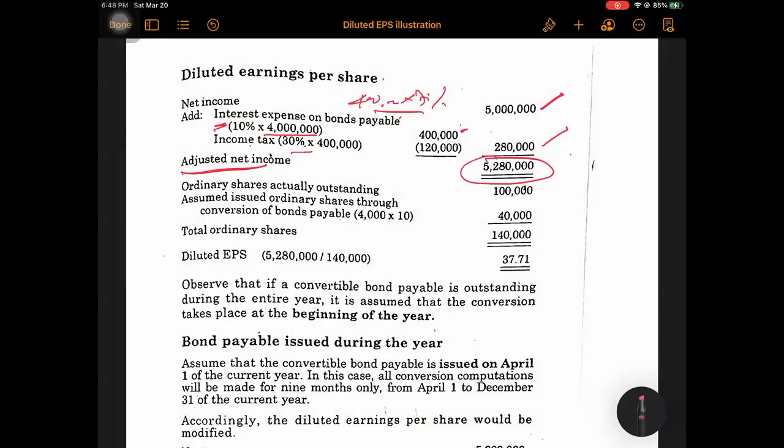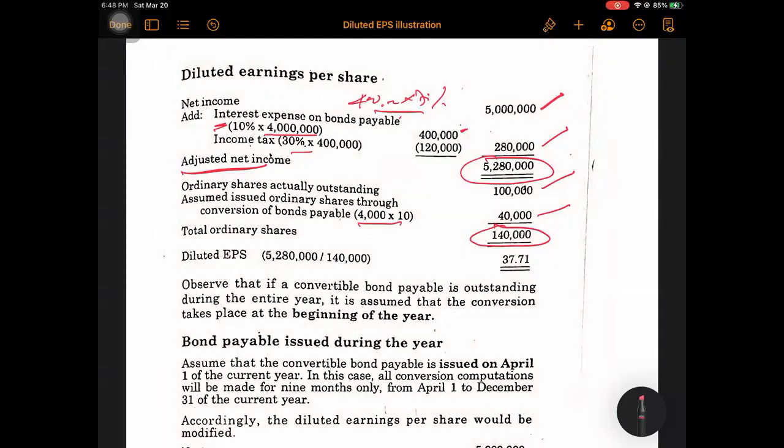How about the ordinary shares? Since we use the as-if approach, you have the actual outstanding ordinary shares of 100,000, and as if we convert the convertible bonds payable to ordinary shares, that's 40,000 shares. Therefore, we now have a total of 140,000 ordinary shares.